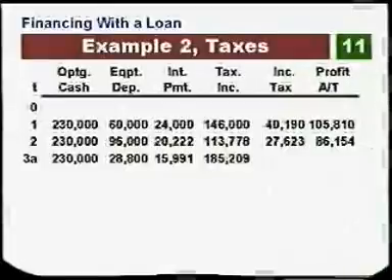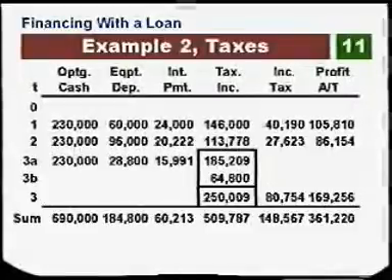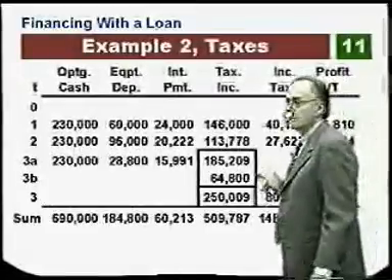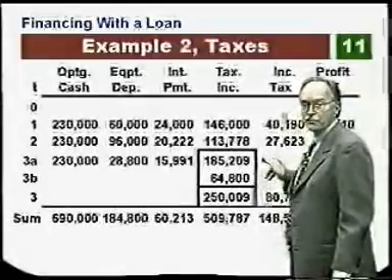Any excess amount above $100,000 is taxed at 39% year by year, and the portion from 0 to $100,000 results in a tax of $22,250. That gives us then our profit after tax for years 1 and 2. Of course, again, in year 3, we have to add the depreciation recapture to the taxable income resulting from operations.